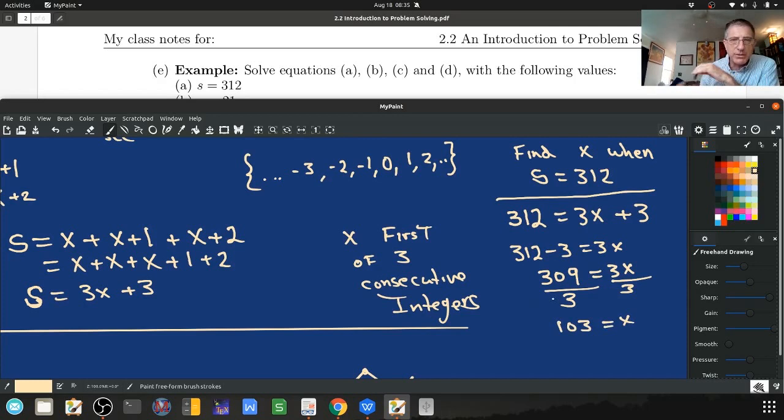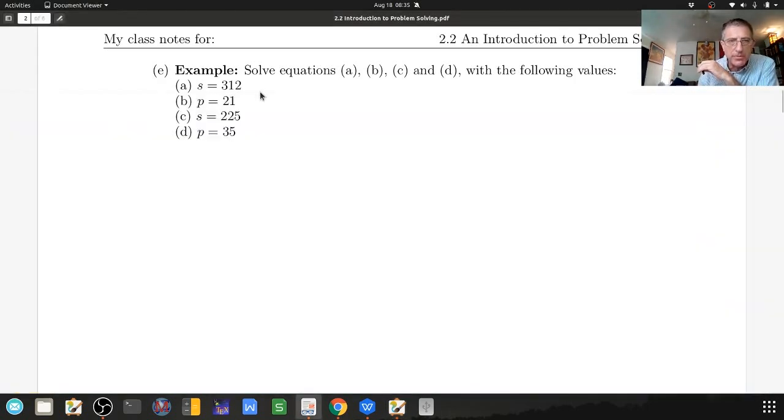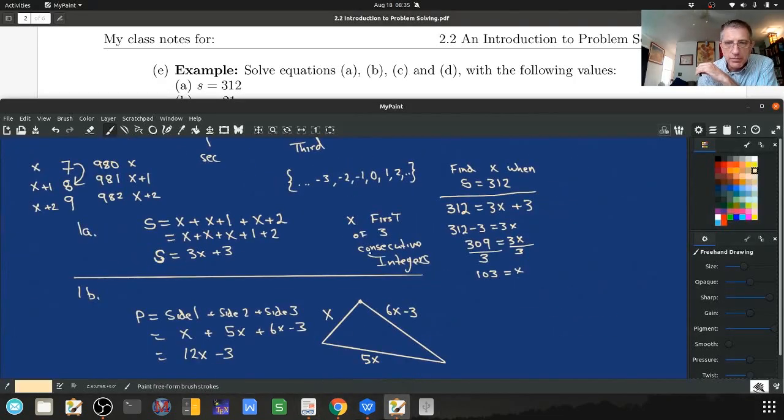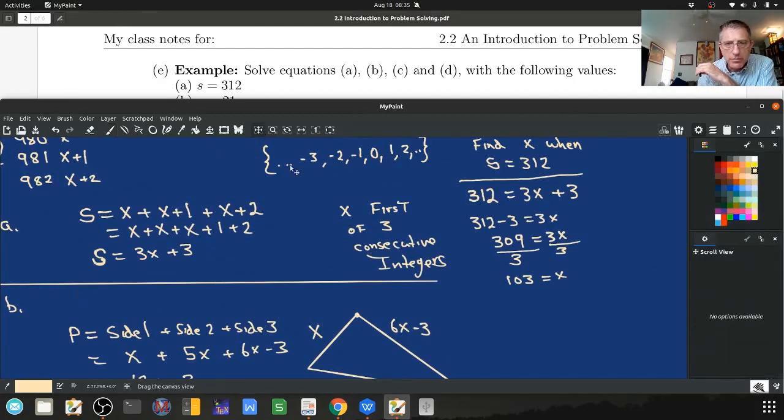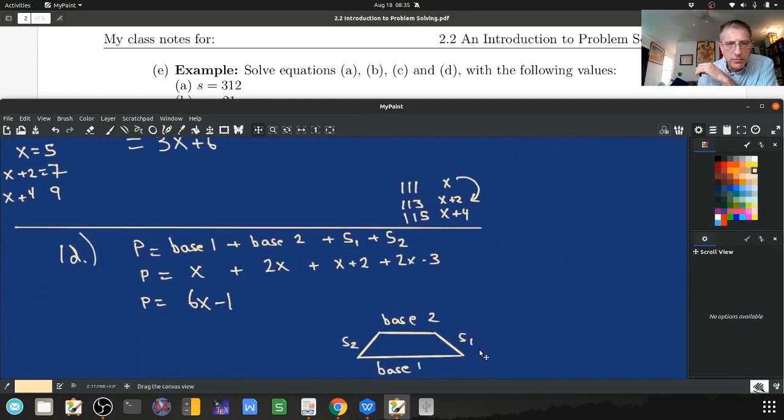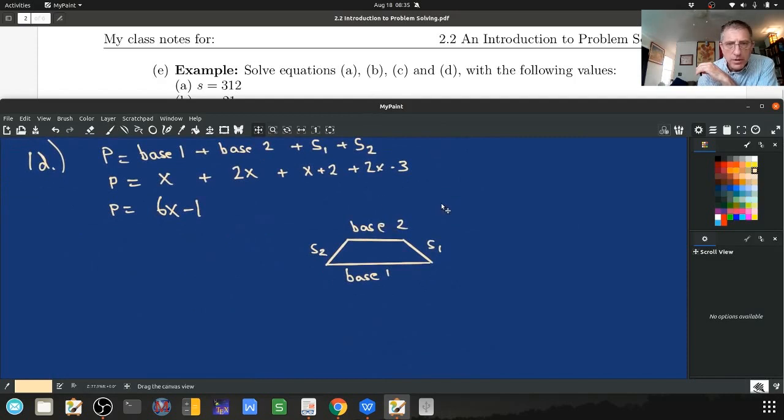Since you kind of see what's going on and these are pretty simple, let's go ahead and do maybe number D, where P is equal to 35. So here we go.